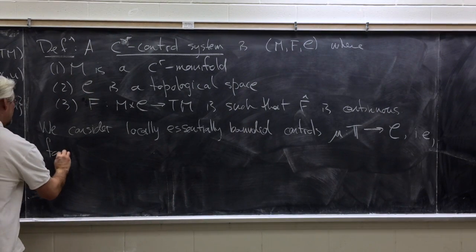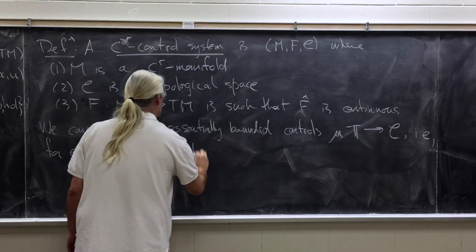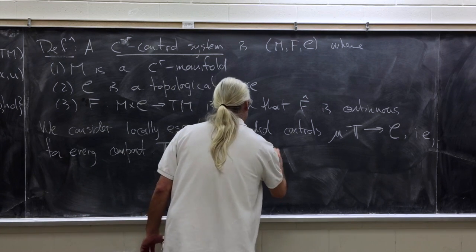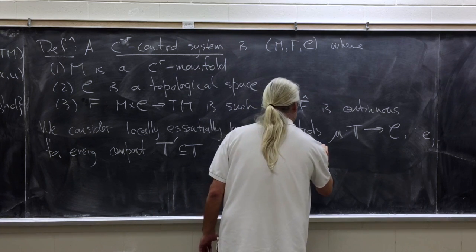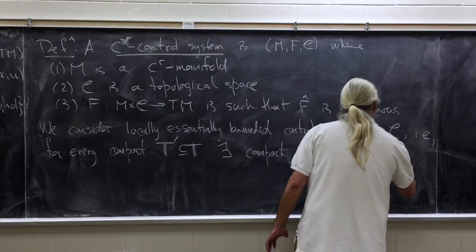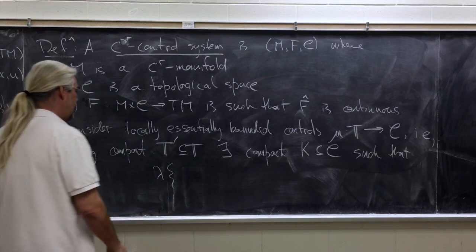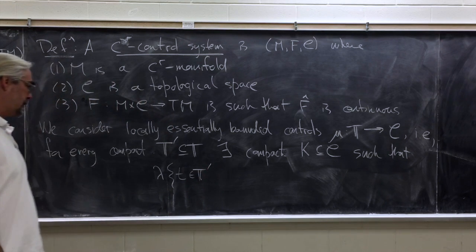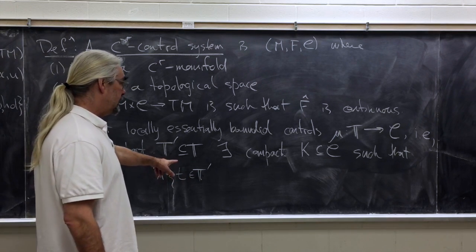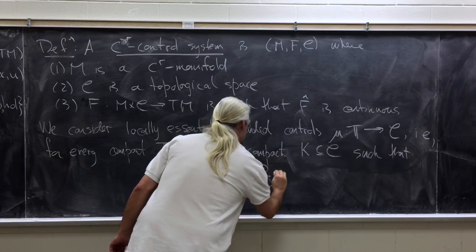What this means is, for every compact subinterval T prime in T, there exists a compact set K in the control set C such that the Lebesgue measure of the set of times in this compact subinterval T prime for which mu is outside K is 0.